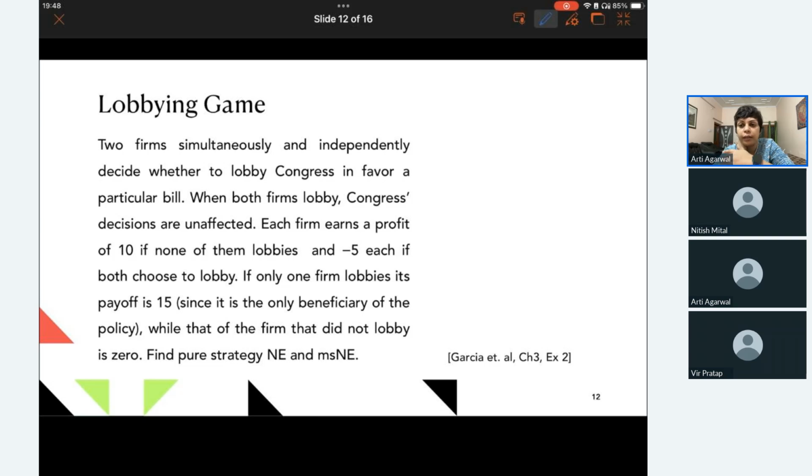It's not that they will also get the benefit, because I'm trying to contest the bill in some way. It is not favoring them. And if the other guy lobbies and I don't, my payoff is 0, but the other guy gets 15. Now we want to find the pure strategy and mixed strategy Nash equilibrium.